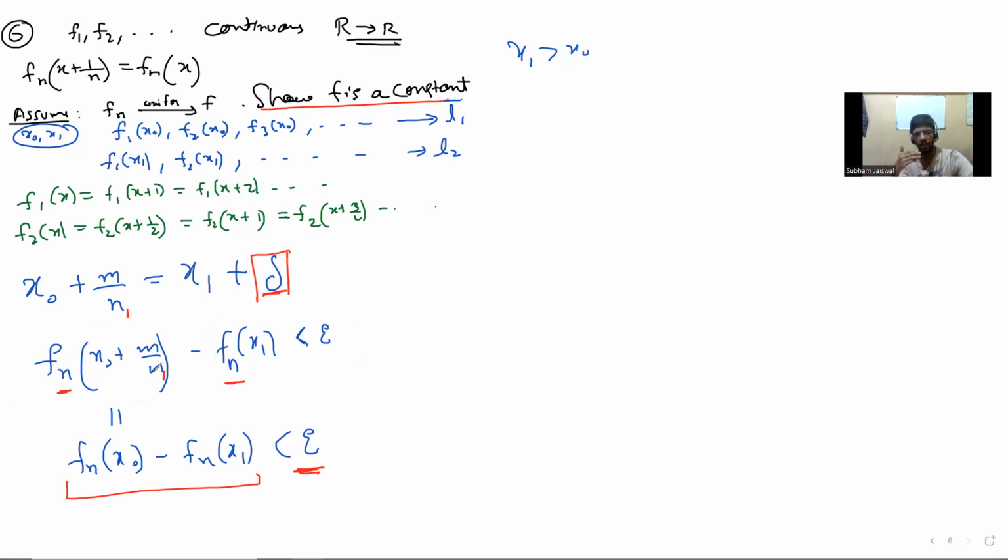So now let's think, if that n1 is larger than this n that I started with, can I then say that f of n1 at x naught minus f of n1 at x1 is less than epsilon?